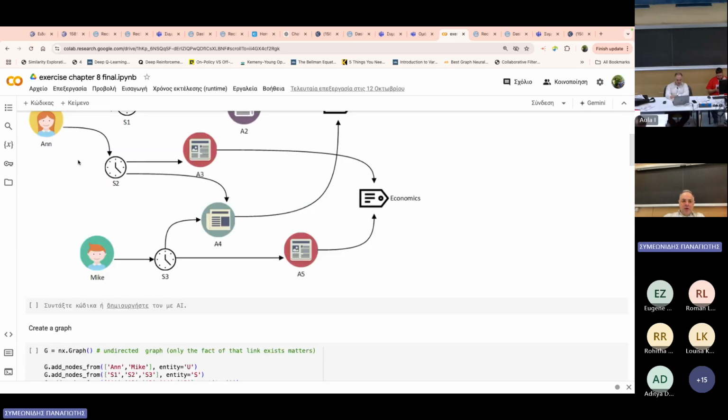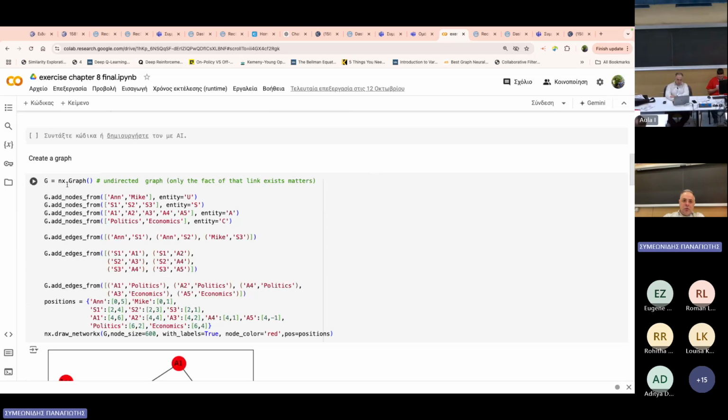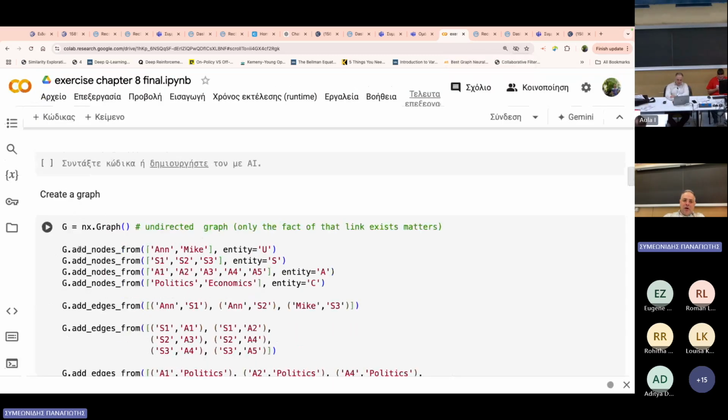So the first thing that we need is to add the nodes of the graph. And as you can see here, we put Anne, Mike, the persons. Here we have the sessions. We have the articles. And for every different entity of this graph, we create a different type of node.